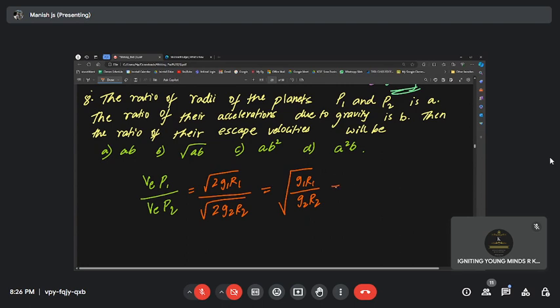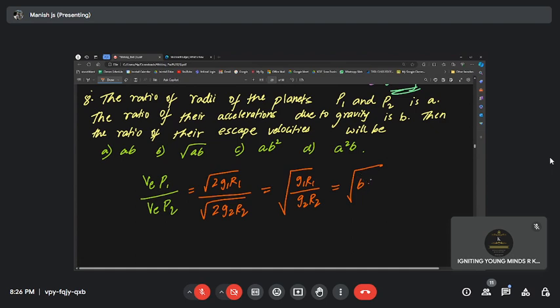Now, how can we express it further? Accelerations due to gravity, g1 is to g2, they have already given in the question. How much is that? It is b, right? So this is b times the ratio.